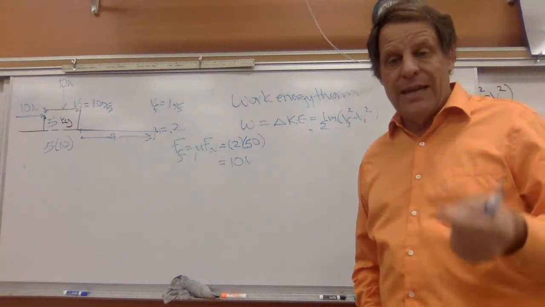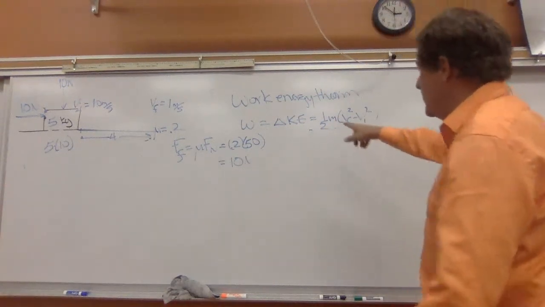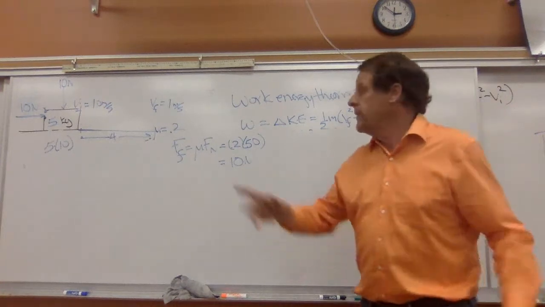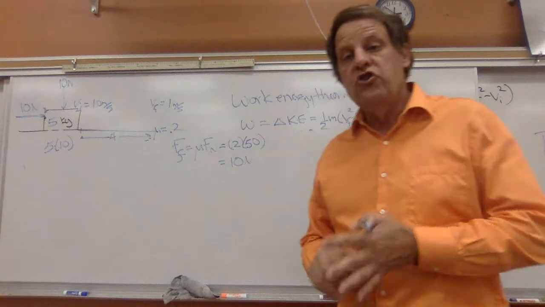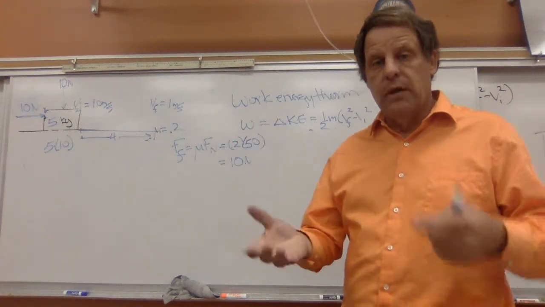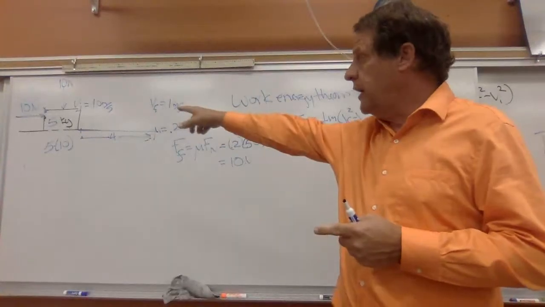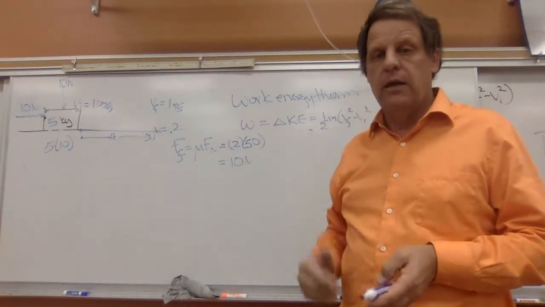So if we look at the net force, it was 0, positive 40, negative 40. We go back to the work energy theorem. Well, the velocity stayed the same. So we didn't do any net work to the system, because the system was that object and friction and the surface.